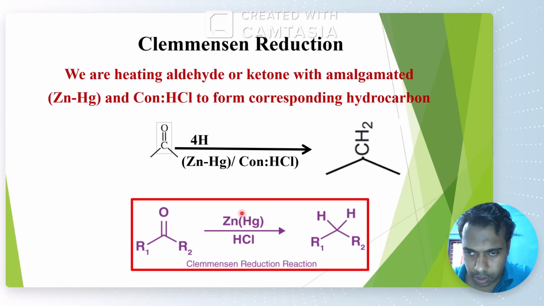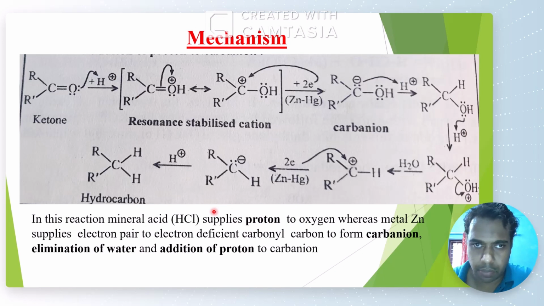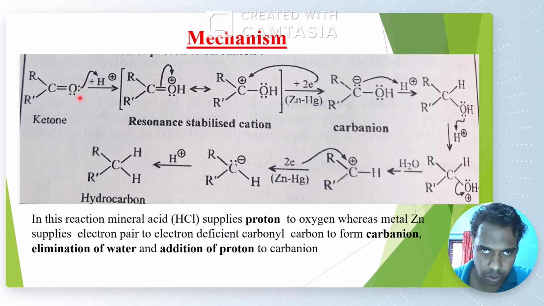Let us understand the mechanism. Here, we are taking a ketone as the carbonyl compound. In the first step, we protonate the oxygen atom. The proton is supplied from the mineral acid, that is HCl.